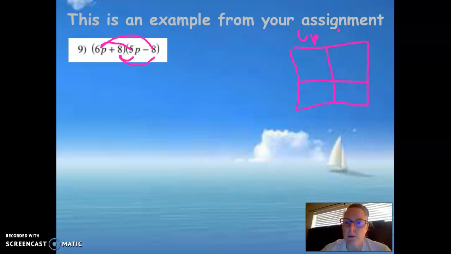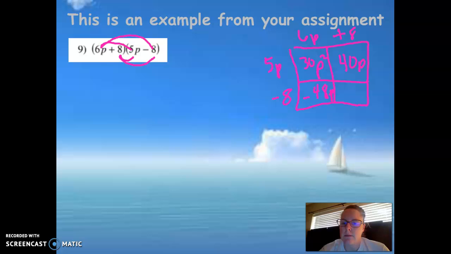So 6p plus 8 times 5p minus 8. You're going to multiply the diagonals, so 5p times 6p is 30p squared. I apologize for my terrible handwriting on this thing. 5p times 8 is 40p. 6p times negative 8 is negative 48p.